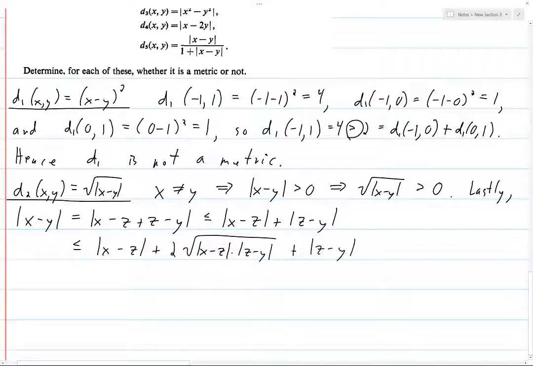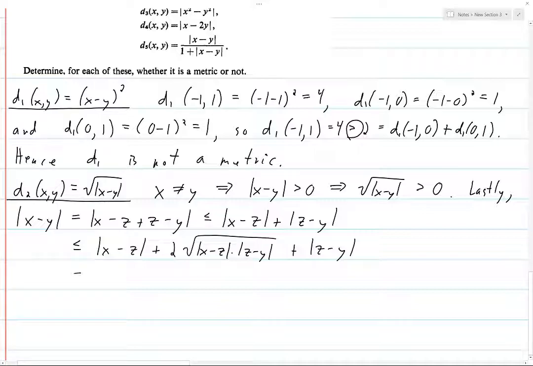Whatever this stuff in here is, it's obviously going to be positive. So I'm just adding a positive term here, and so this thing will get bigger, and so that's why I have this less than or equal to sign here.